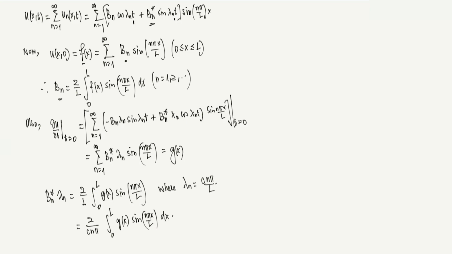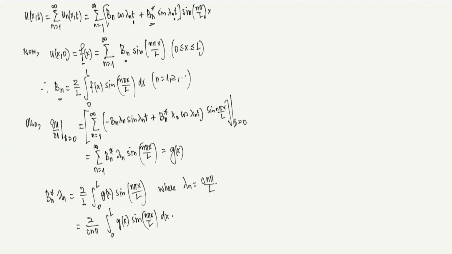So g and f is given to us. Once this is given to us, you just put everything together, and then you get your solution. So let me do that. What is u of x,t in this case?